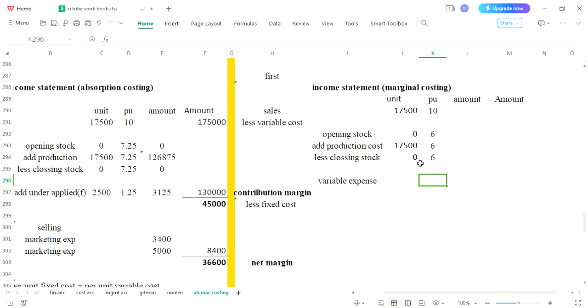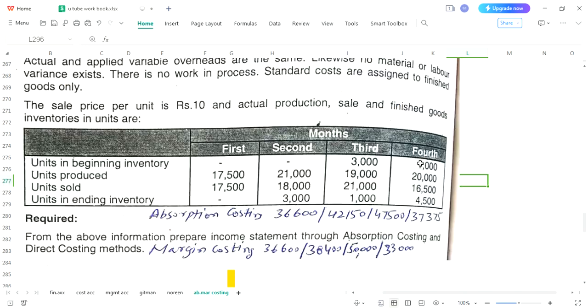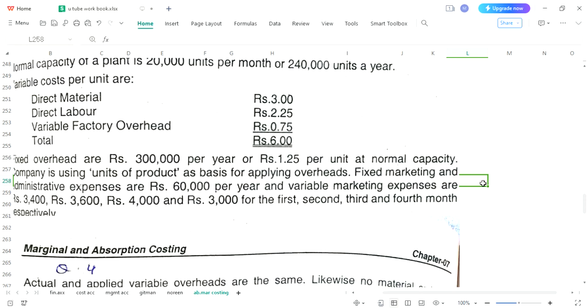We will now see if there are any extra variable expenses present in the question, and since we have already done half part of the question and we know that there are variable marketing expenses per month mentioned over here. Variable marketing expenses. No matter if it is marketing, selling, admin, or direct variable cost, we will always be collecting each and every type of variable expense.